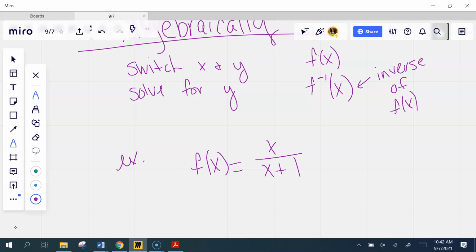Find the inverse. Solve it. Find the inverse of f.